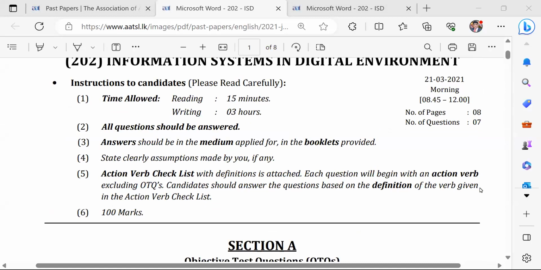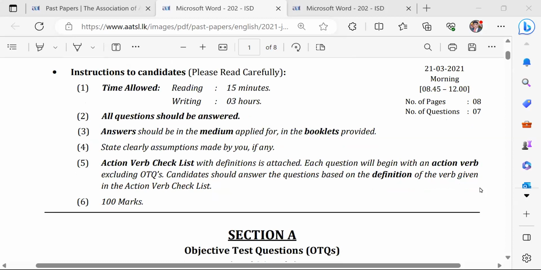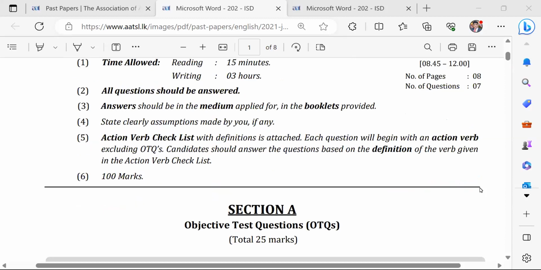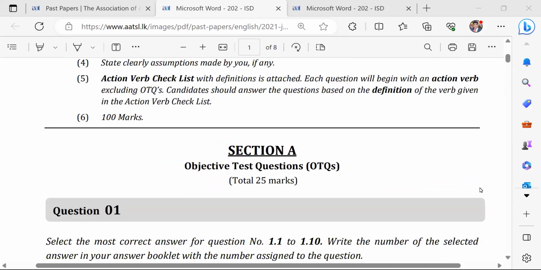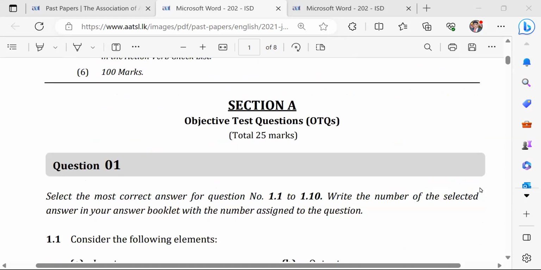If you have participated in my BMA session, I have explained this. You decide how much time you allocate for reading and how much for writing. That is totally up to you.